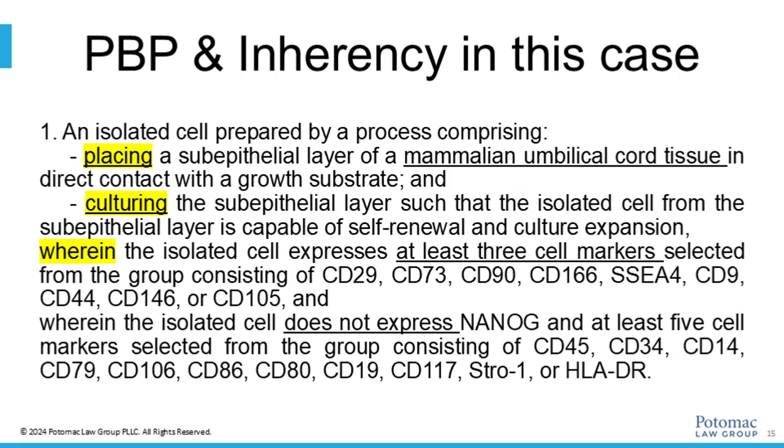So let's start with product by process. As I said, I consider this kind of a hybrid because of the additional limitations. My colleagues here reminded me that very often where product by process claims are used, we do have the additional limitations. This is very common.